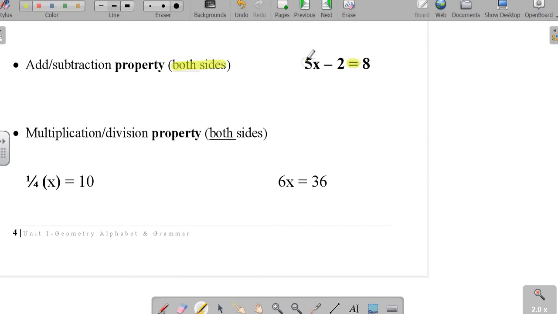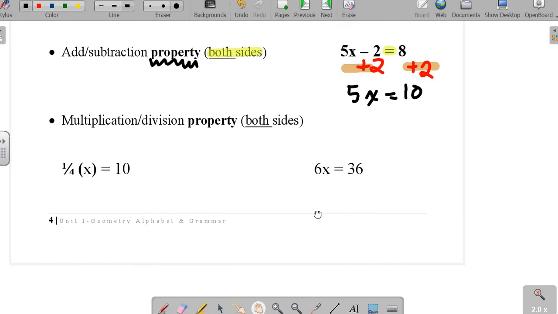Both sides. Notice I'm going to be working on both sides now. If I want to solve for x here, and I go plus 2, I end up with 5x equals 10. By adding plus 2 to both sides, that's called the addition property. We add the word property when you're working across the equal sign.